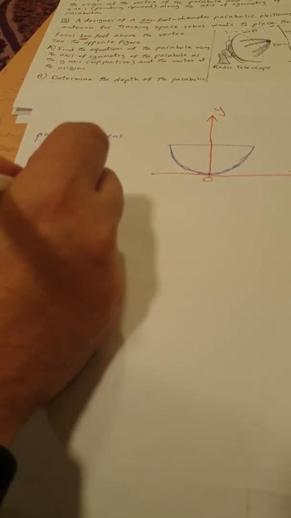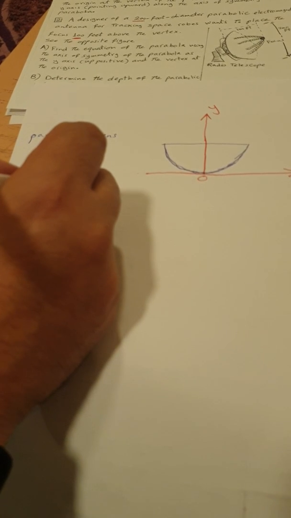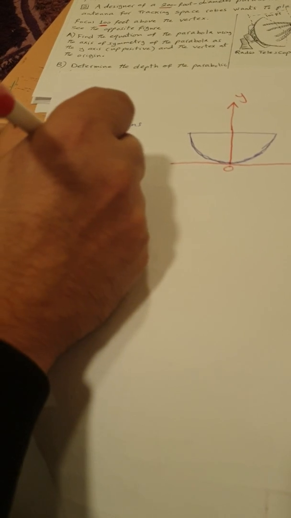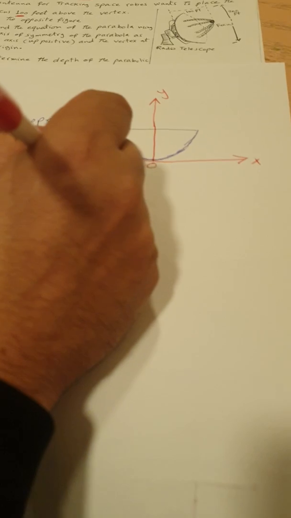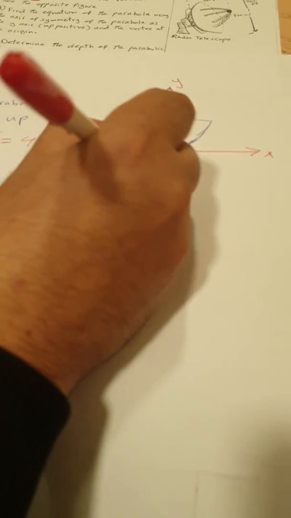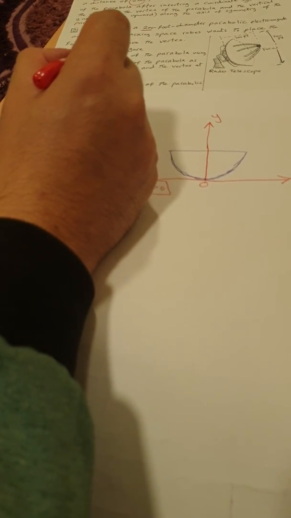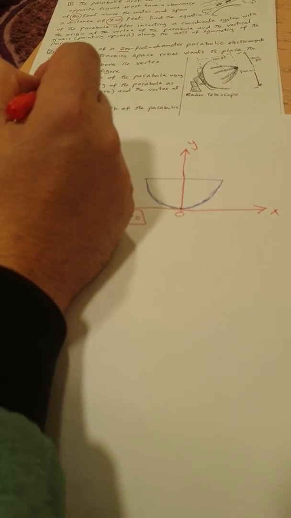So this is the second case also of a parabola, which suggests an equation of the form x squared equals 4ay, where a must be bigger than 0. The demand is to find the equation of the parabola using the axis of symmetry of the parabola as the y-axis up, like we have done, and the vertex at the origin.